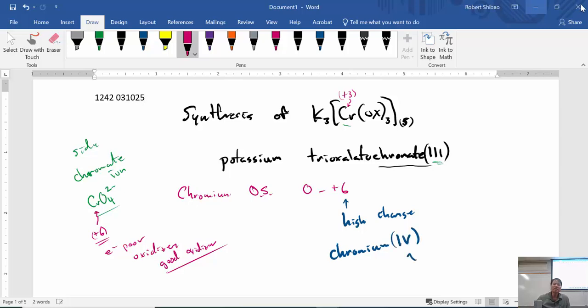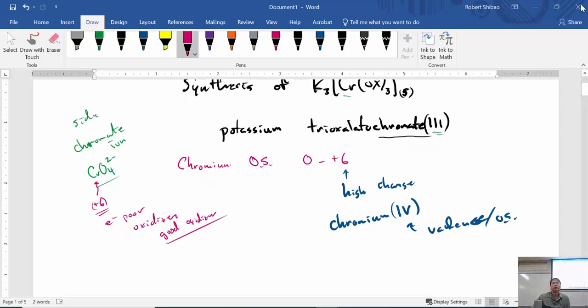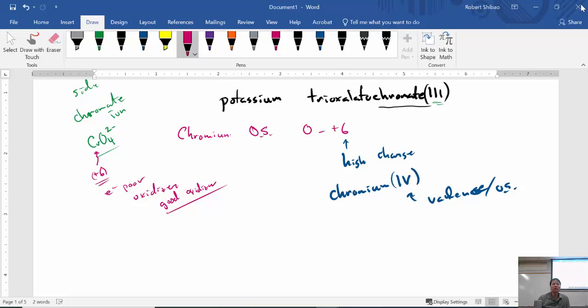And so this tells us the valence or oxidation state. So we see chromium-6 here in chromate. We also see chromium-6 in dichromate. This is also chromium-6.